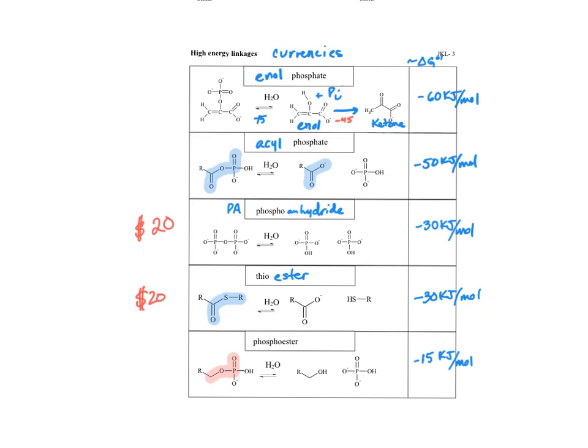So we're going to be using these 10 linkages, breaking and making, throughout right on to the final exam. 5 in the forward direction, breaking, that are always negative. 5 in the reverse direction, making bonds, always positive and uphill. I'm going to practice this a lot in the homework.